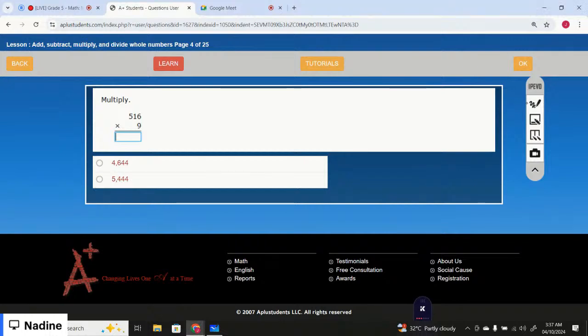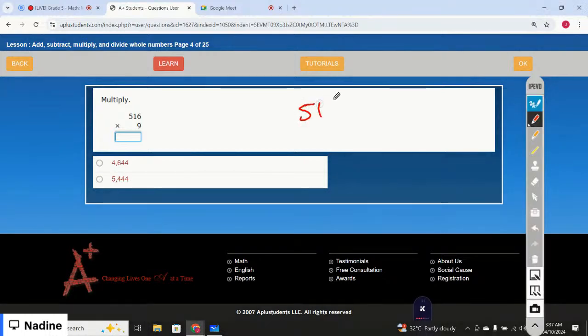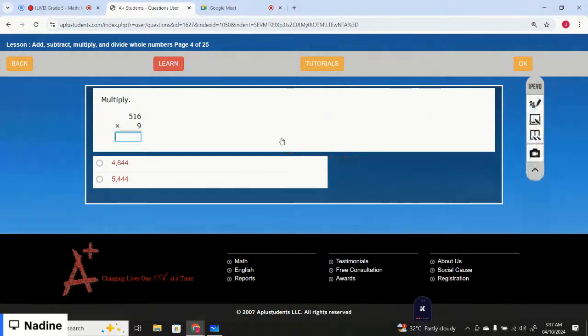Let's just do it, right? 516 times 9. 9 times 6 is 54. 5 carry, 9 times 1 is 9, and 5 is 14, 4 and 1 carry. 9 times 5 is 45 and 1 is 46. So option number 1 is the correct option. That is 4644.